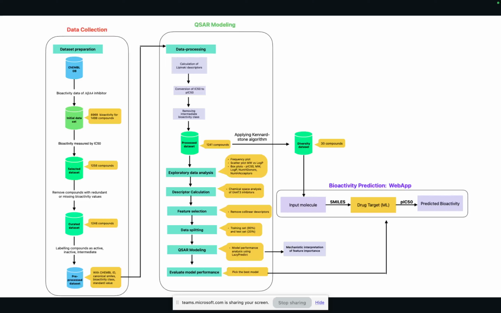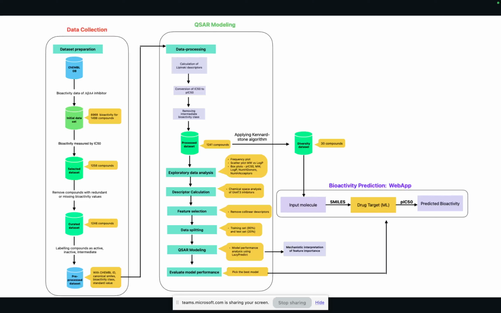The bioactivity for these compounds is usually measured by IC50, the inhibitory concentration. From that, we curated the data and selected only data which had an IC50 value. We do not want the other molecules which do not have the IC50 value because it could hamper our workflow.